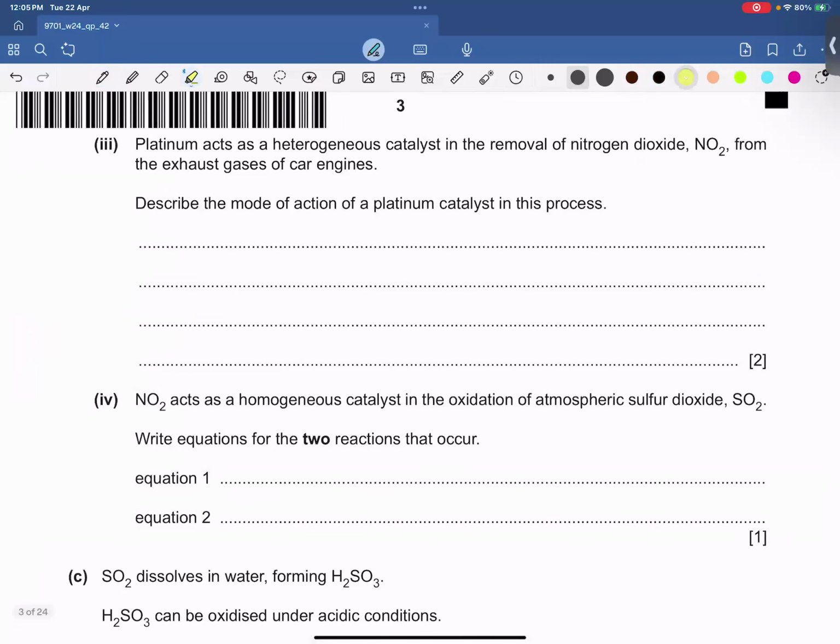So next, platinum acts as a heterogeneous catalyst in the removal of nitrogen dioxide from the exhaust gases of car engine. Describe the mode of action of platinum catalyst in this process. So first of all, platinum is basically the heterogeneous catalyst, and in heterogeneous catalyst, adsorption and desorption take place simultaneously. So first of all, let me tell you about the adsorption process. Platinum has active sites.